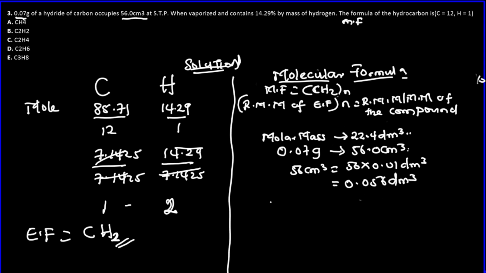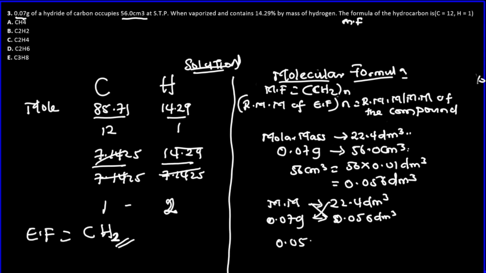From here, we know that the molar mass occupies 22.4 dm cube. This is mass and mass: 0.07 gram occupies what? 0.056 dm cube. So cross multiply. We have 0.056 times molar mass equals 22.4 times 0.07.